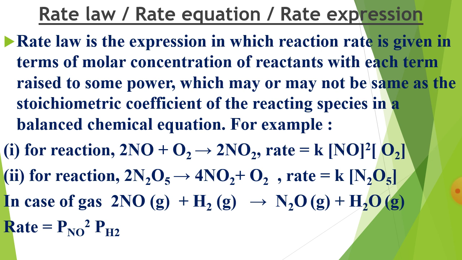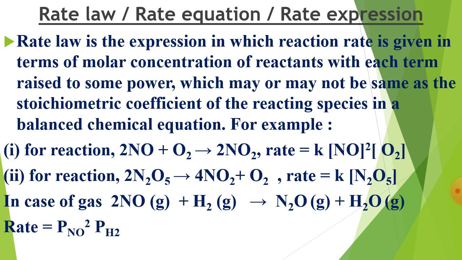For example, for the reaction 2NO + O2 gives 2NO2, the rate is written like this: rate = k[NO]^2[O2]^1. Here the power matches the stoichiometric coefficient.